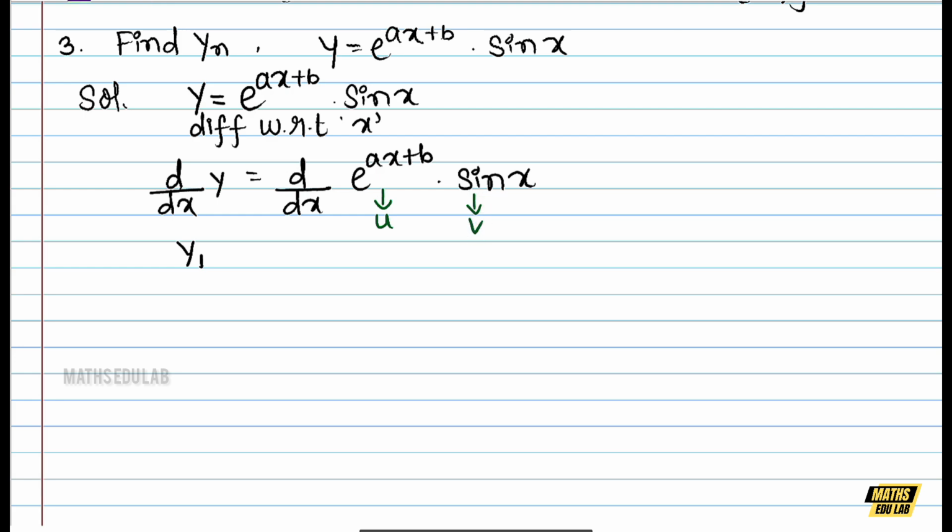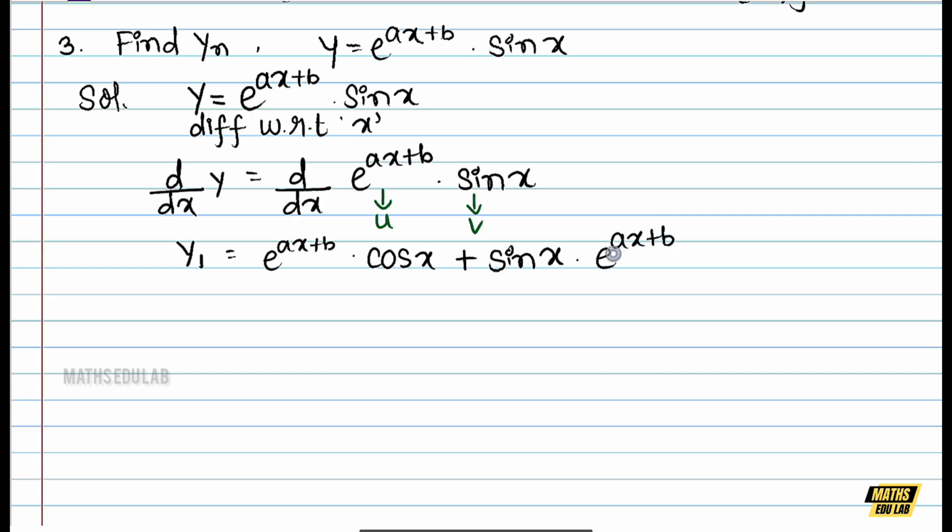First we will write the value of u, that is e to the power of ax plus b, and the derivative of u, derivative of sin x will be cos x, plus v means sin x, the derivative of sin x, and the derivative of e to the power of x will be e to the power of x only.